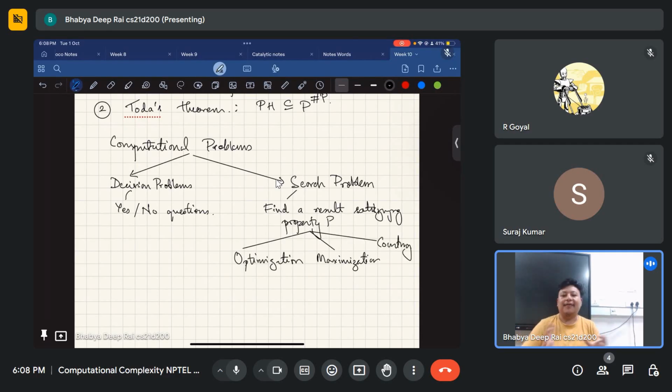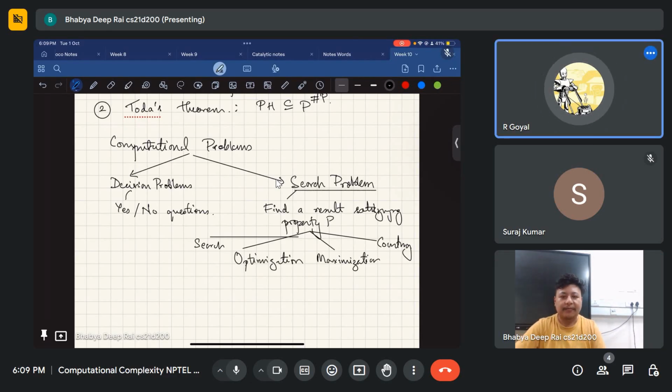These are of course very closely related to each other. And there is a simple search itself, like a linear search, where you are given an array and you are told to search whether this particular element is there or not. That is not an optimization problem or a maximization problem or even a counting problem, right? But these all fall into this larger class of search problems.